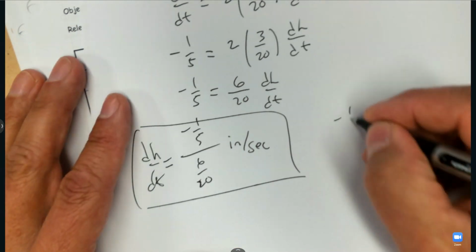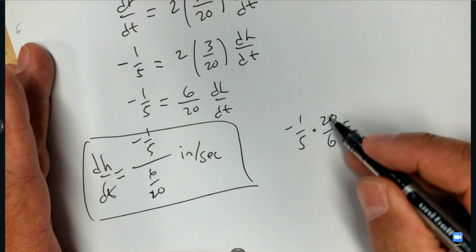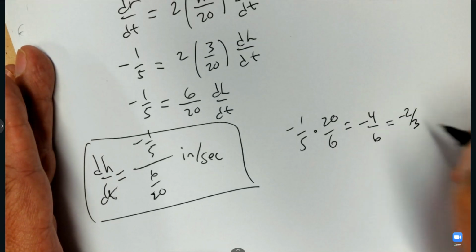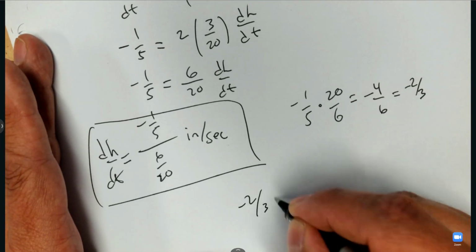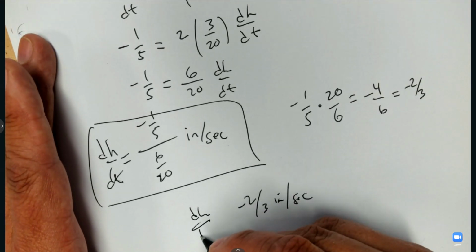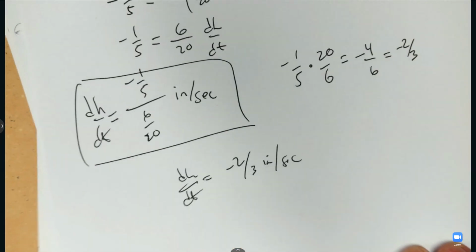If you really want to simplify it, that would be negative 4 over 6, which is negative 2/3. So the answer is negative 2/3 inches per second. That's the rate for the height, which means the height is decreasing at that rate as it is funneling through at the bottom.